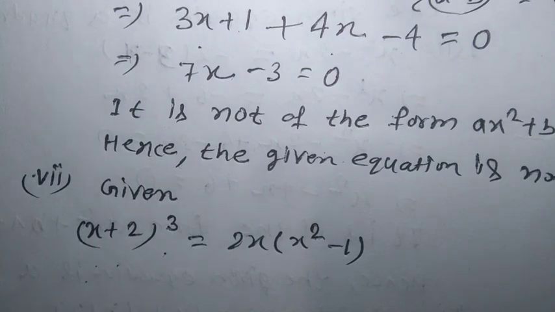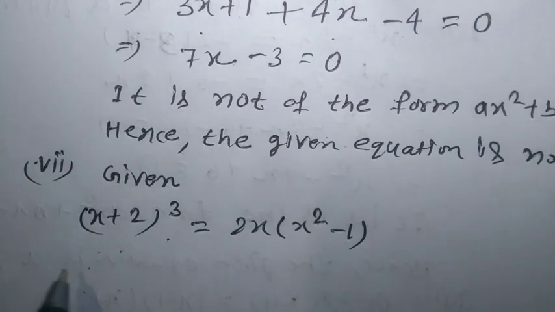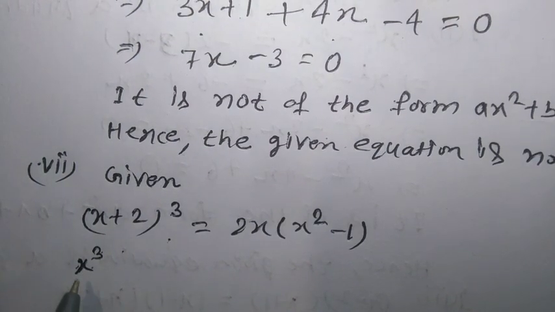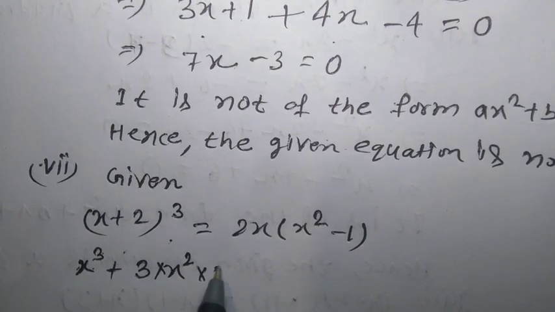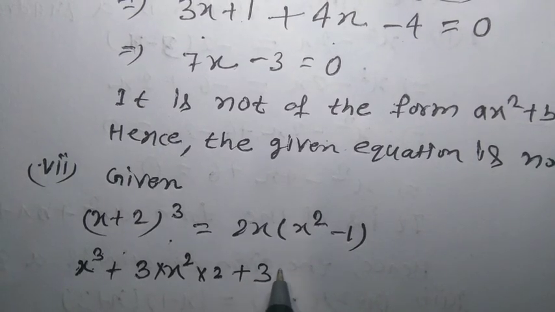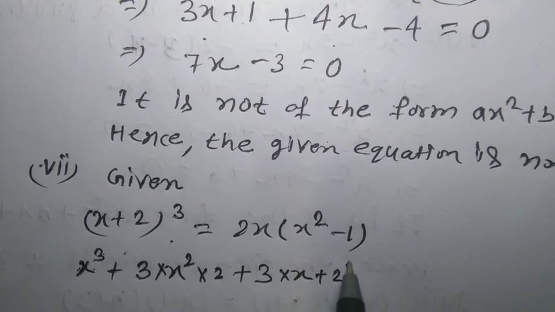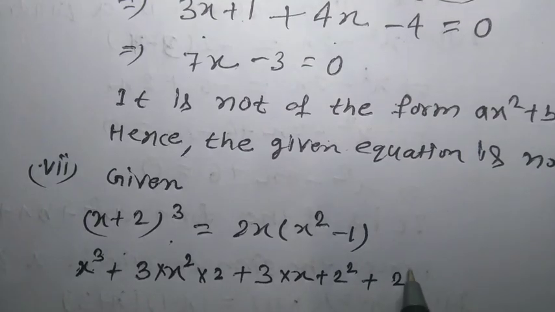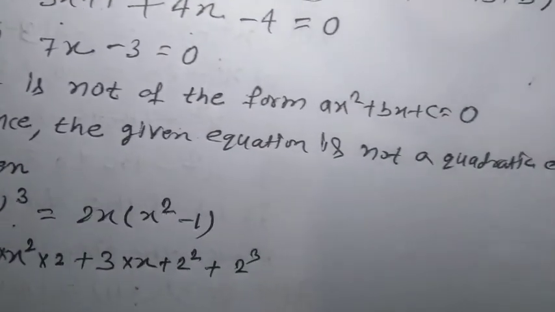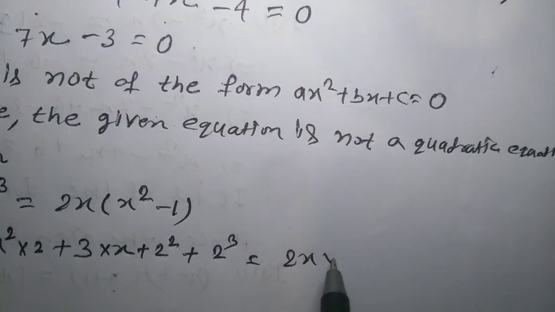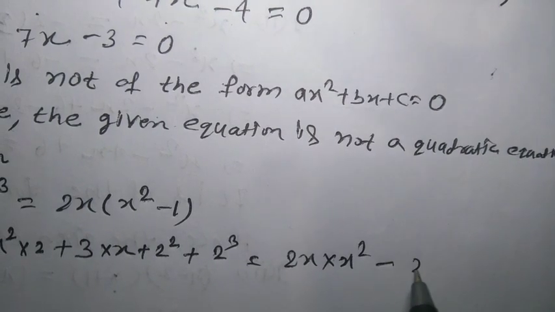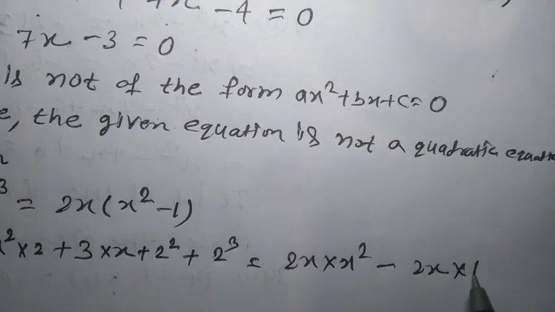Okay, a plus b the whole cube is equal to a cube plus 3a square b plus 3ab square plus b cube, is equal to 2x into x square minus 2x into 1.